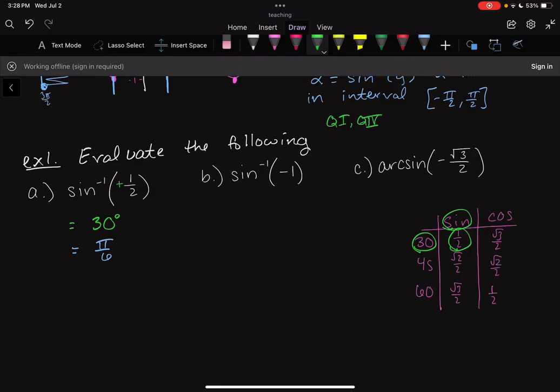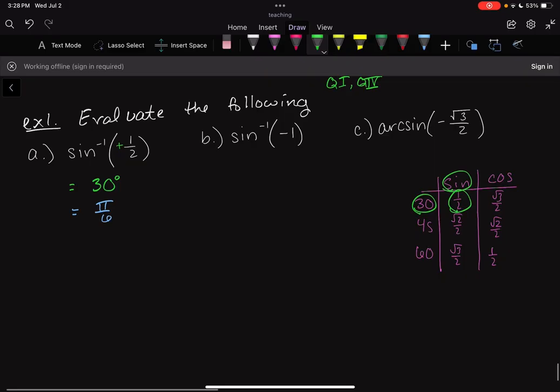So let's go ahead and look at part B. Part B says sine inverse of -1. So I'm looking for the angle that makes sine -1. For this one, I actually want to pull out the quadrantal angles. So this is the point (1, 0). This is the point (0, 1). This is the point (0, -1).